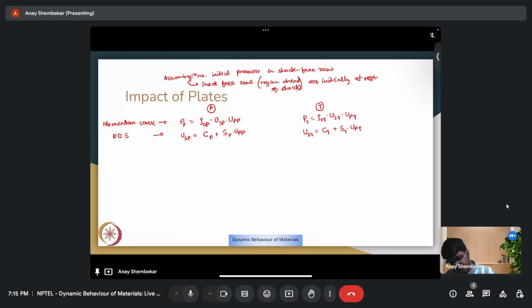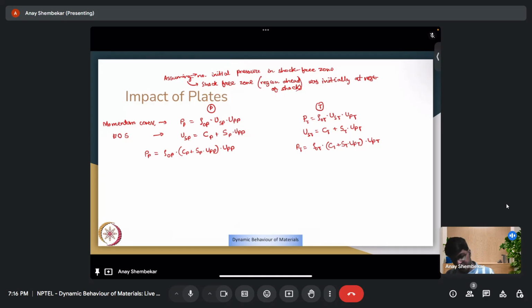If you combine these equations, you end up with P projectile is rho naught projectile into C projectile plus S projectile UP projectile into UP projectile, and P target is rho naught target into C target plus S target UP target into UP target. So this has the pressure.